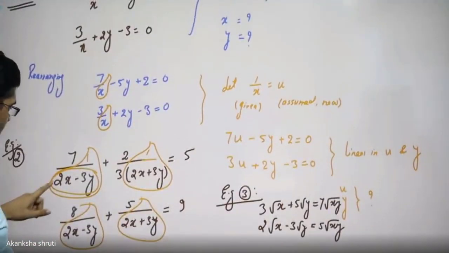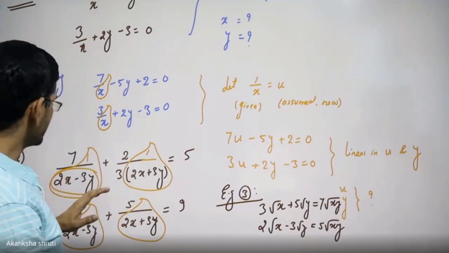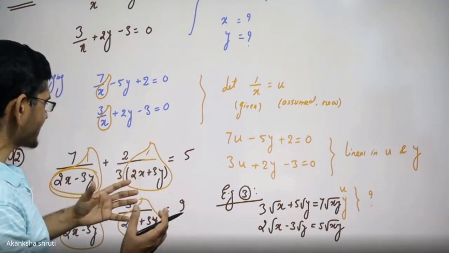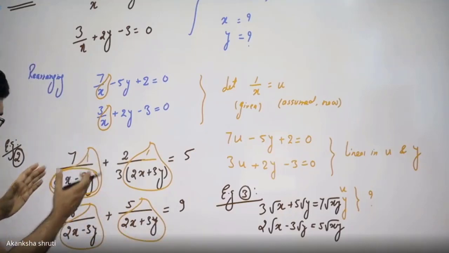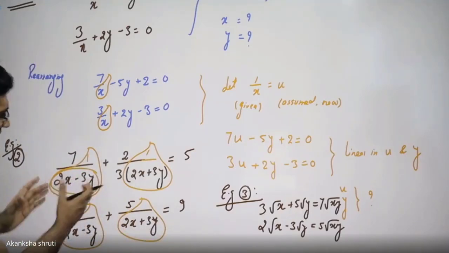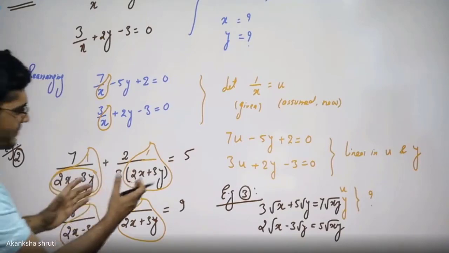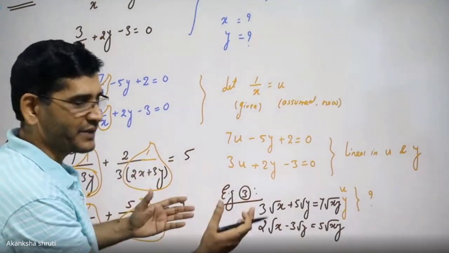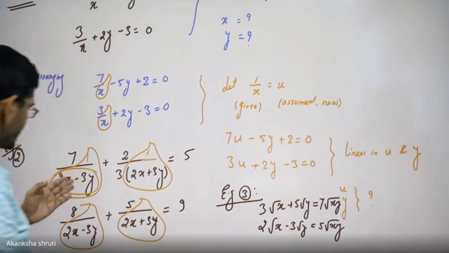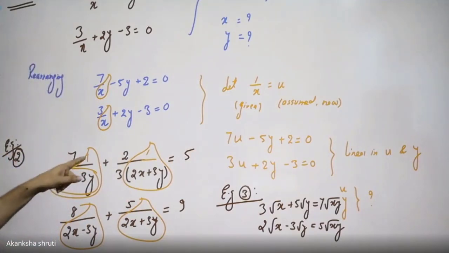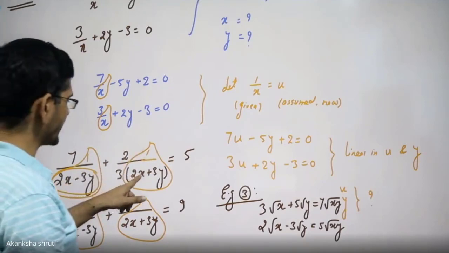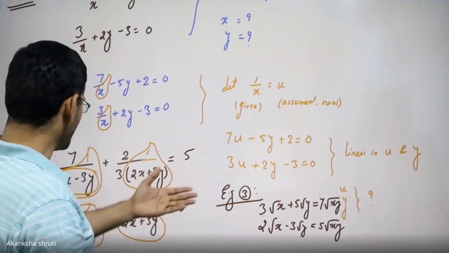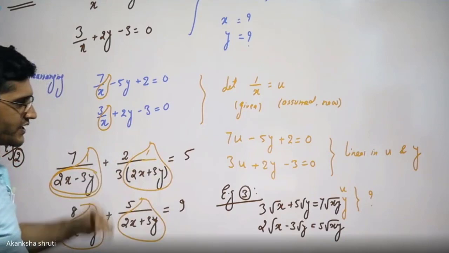Sometimes both this x and y are correlated with some complex relation. In that case, we have to do proper substitution of both x and y in terms of new variables u, v or m, n, and we have to solve it. Like here in the second, if we substitute 1 by 2x minus 3y as u and 1 by 2x plus 3y as v, we can get the pair of linear equations.